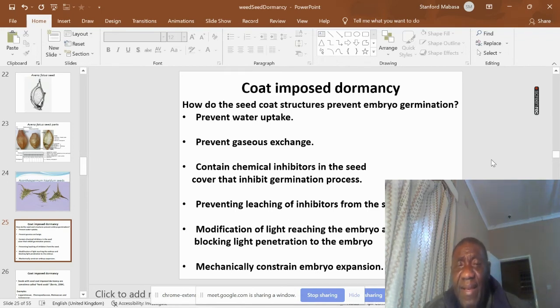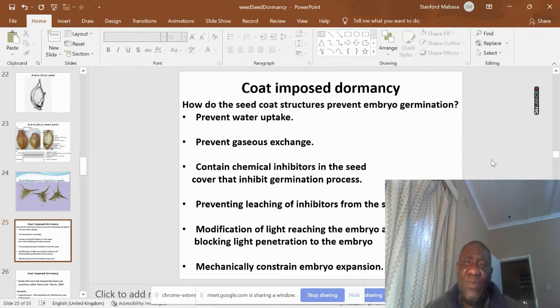If the seed coat cannot allow the leaching process, then there's dormancy. The seed coat may also alter light which strikes the seed, and modify that light in such a way that the light is blocked from penetrating the embryo, and this can cause dormancy.